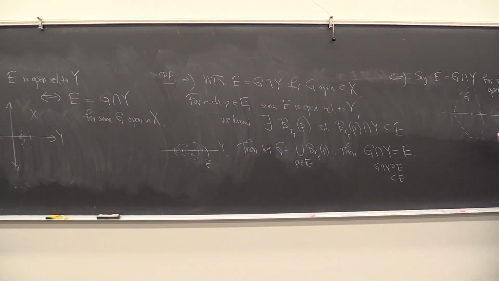Can you give me the argument? You want to show that every point has a ball around it that when you intersect it, you get something inside of E.